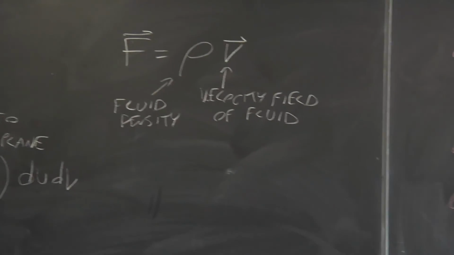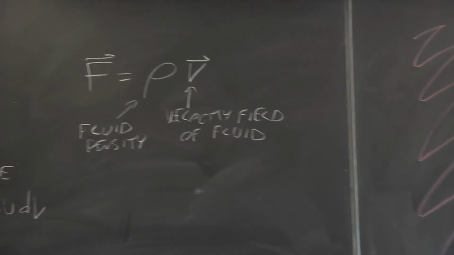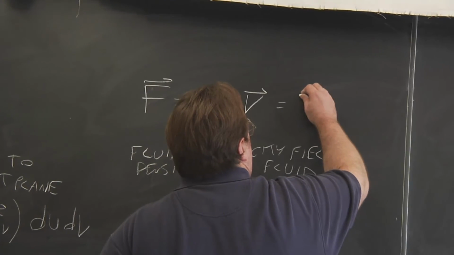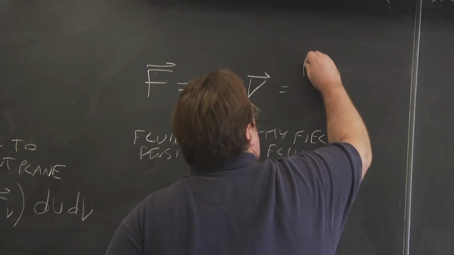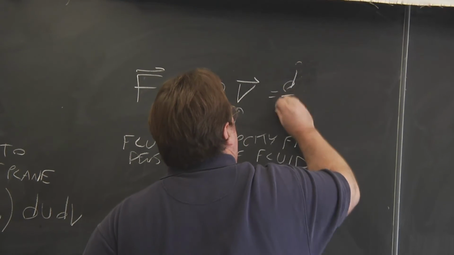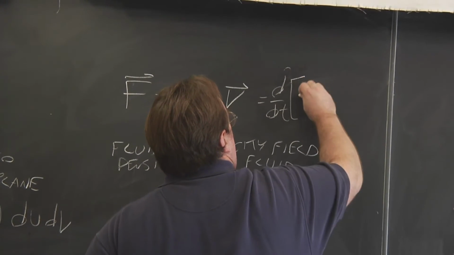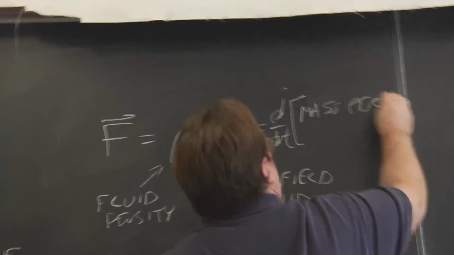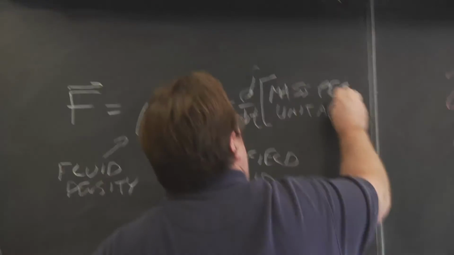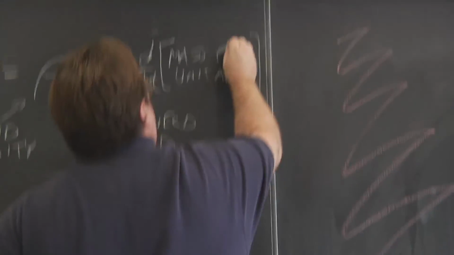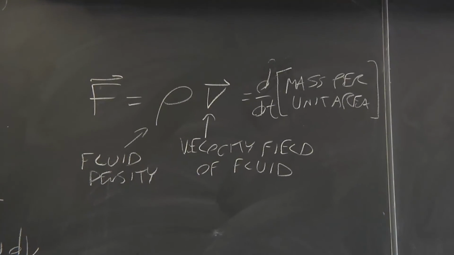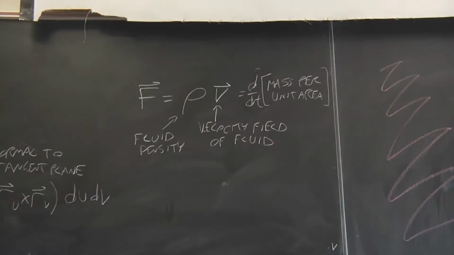Then what that means is that rho v can be interpreted as the rate of change with respect to time of flow of mass per unit area, if you think of a fluid crossing an interface, like crossing a surface.